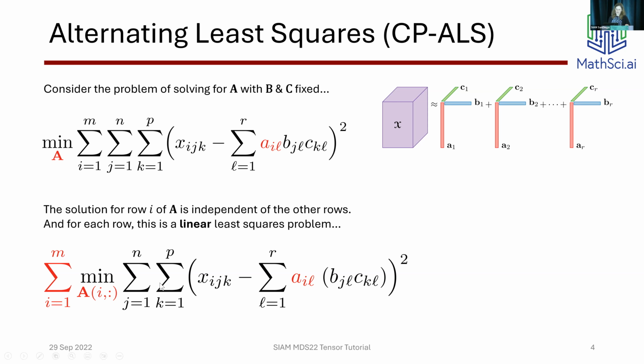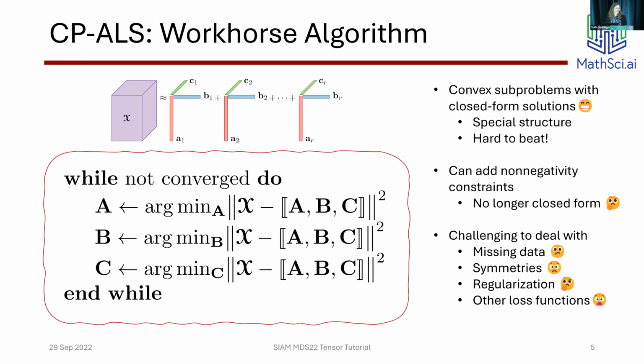It's a little funny that I have these JK indices, but I can combine them into one index that goes from 1 to n times p. Then, hopefully if you stare at it and squint, you can see that's just a least squares problem. We're really good at solving least squares problems in data science. This is a linear least squares problem, and we can solve it with a closed form solution. That's how we get to this CP alternating least squares method.